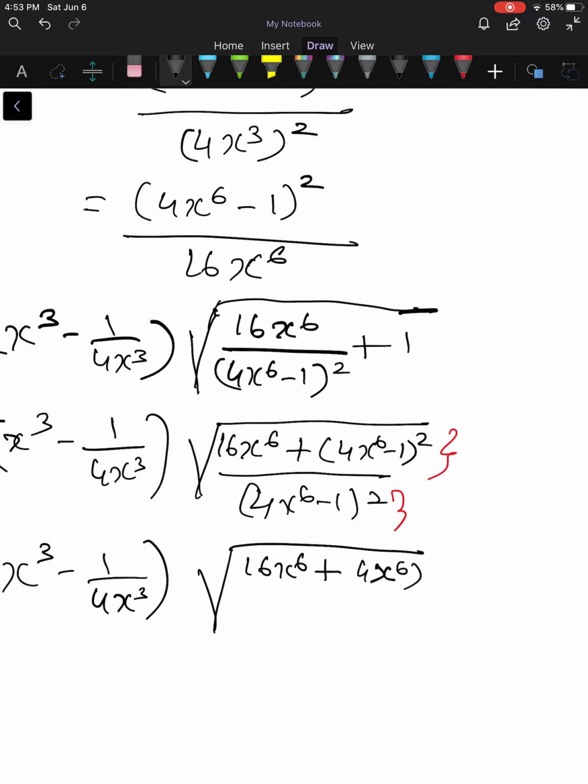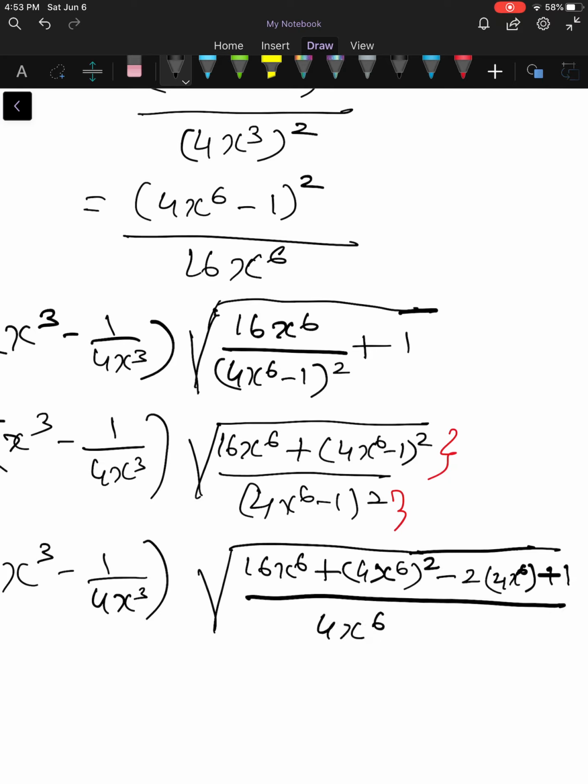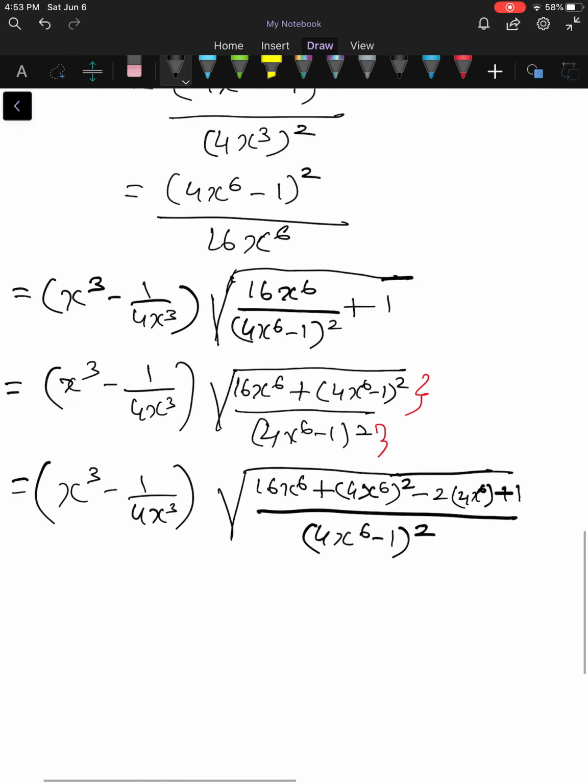That would be (4x⁶)² minus 2 times 4x⁶ times 1, that is nothing. So plus 1 square is 1, divided by (4x⁶ - 1)². This is equal to again (x³ - 1/(4x³)) as it is.